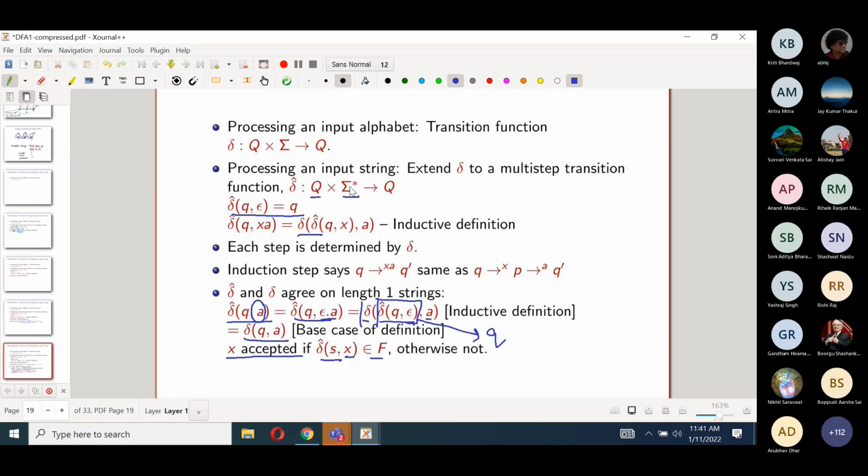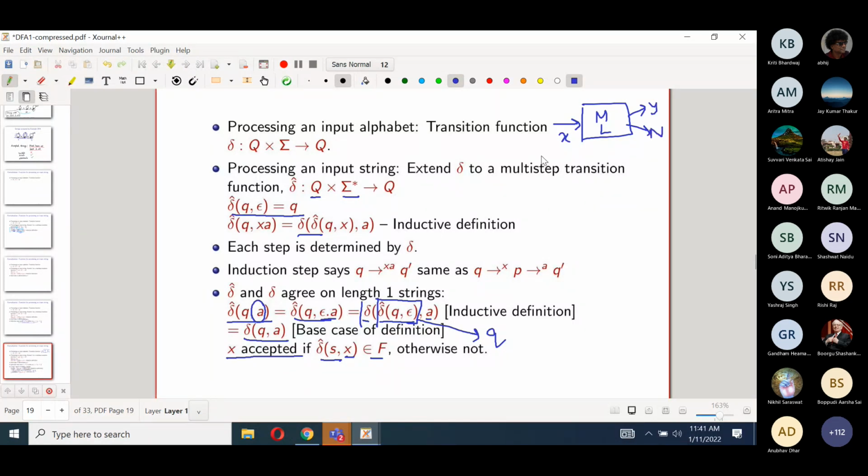If we had a finite representation of delta hat, then life would have been much easier for us. We wouldn't have had to use delta at all, because ultimately we are getting input strings, not alphabets. We are getting input strings for this machine M, which has description L. I am getting a string X, and I would like to know whether the machine is accepting or not.